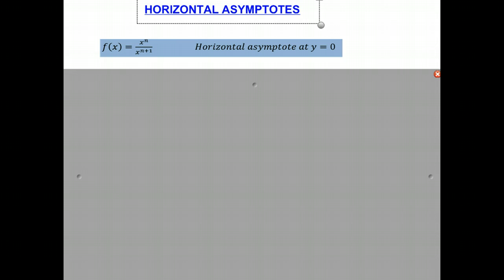It turns out that when the degree of the denominator is larger than the degree of the numerator, I misstated that earlier.